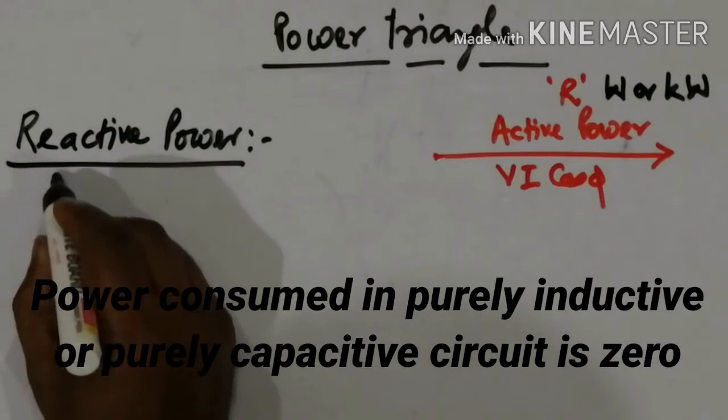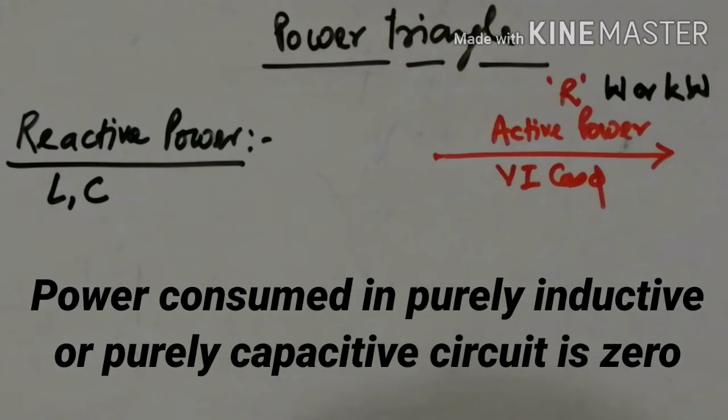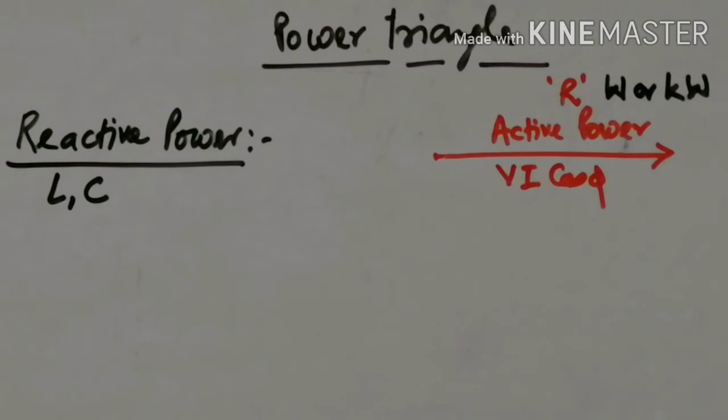Power consumed in L and C is 0 because all power received from the source in 1/4 cycle is returned to the source in the next 1/4 cycle. This circulating power is known as reactive power.